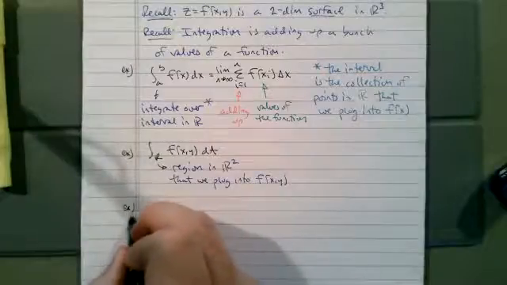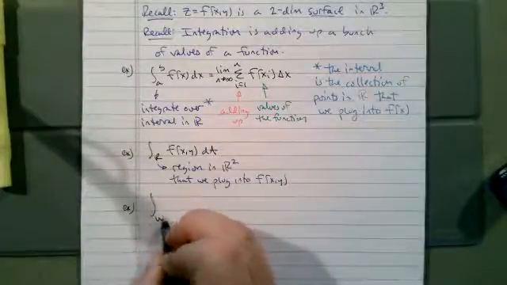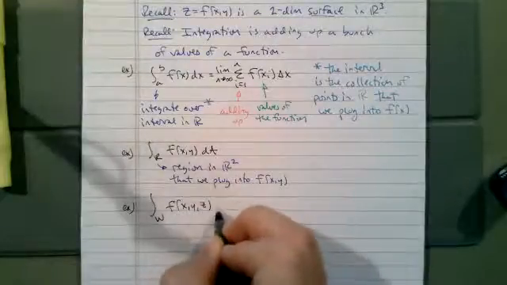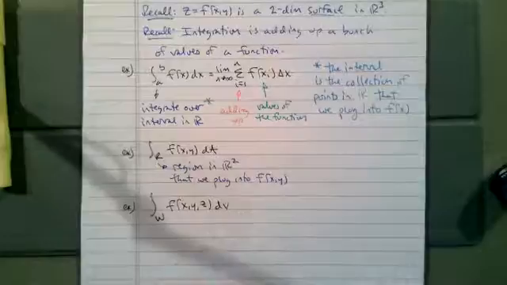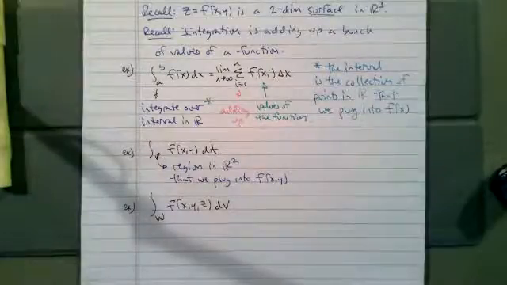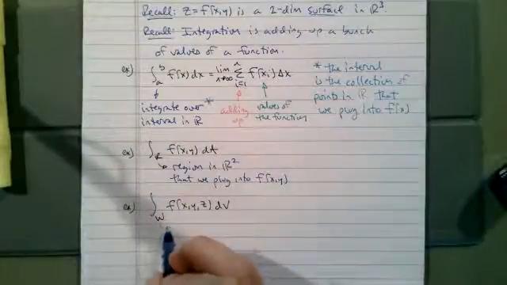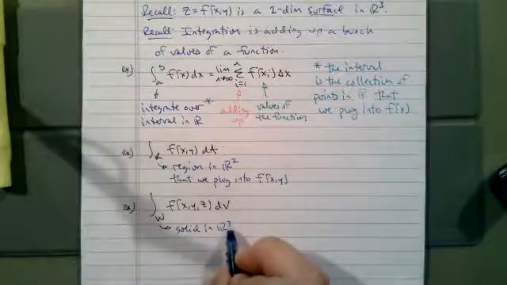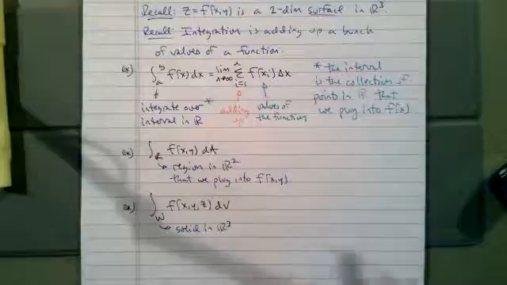So when we integrate over a solid of a function of three variables, this W is a solid in R3 that we plug into f of x, y, z.